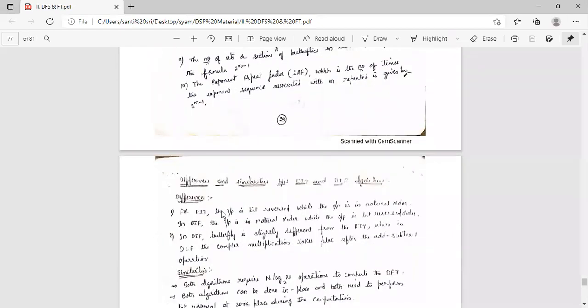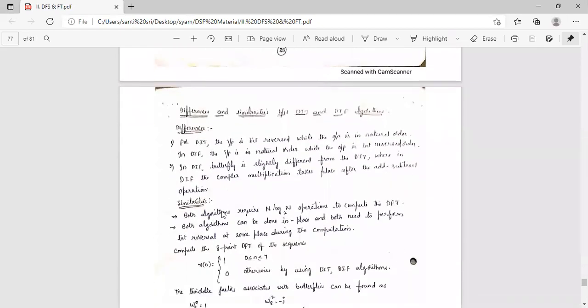Next, coming to the differences and similarities between DIT and DIF algorithms. DIT means decimation in time FFT, and DIF means decimation in frequency FFT. First, we'll see the differences.